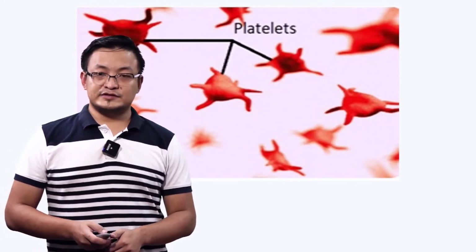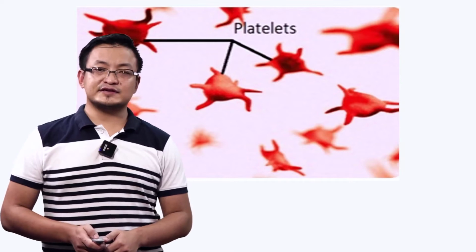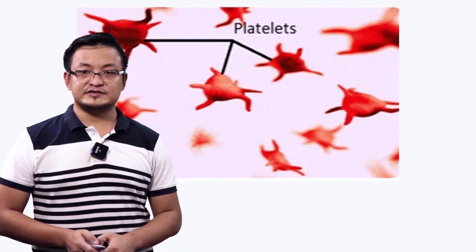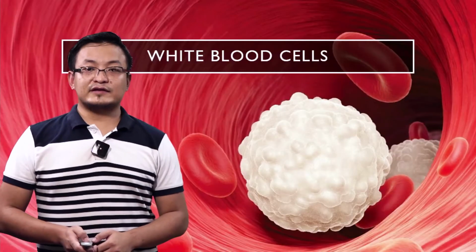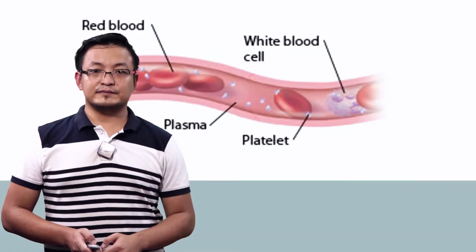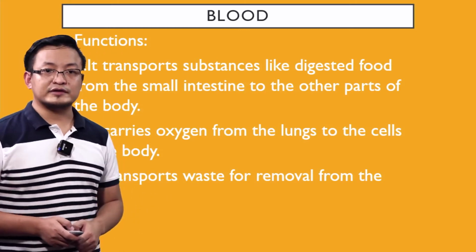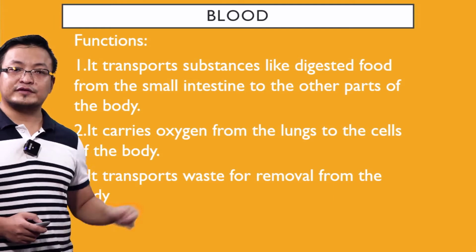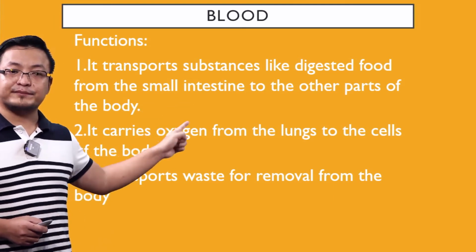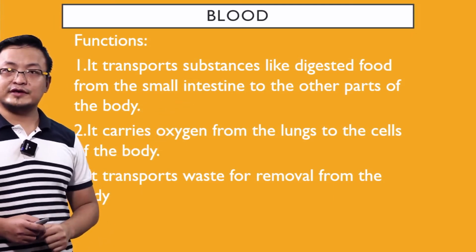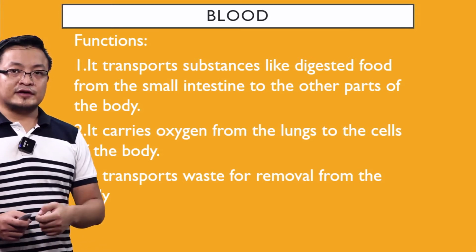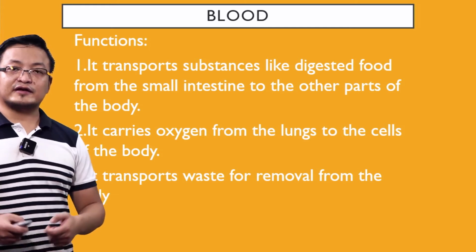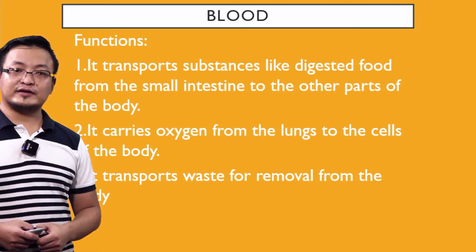So students, we have discussed the composition of blood and its functions. Once again, let's see the functions, okay? These functions are very important. It transports substances like digested food from the small intestine to the other parts of the body. The food that we eat gets digested and is absorbed in the small intestine, right?